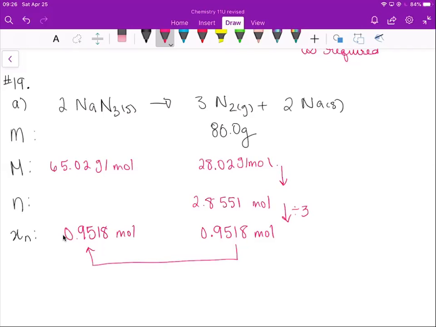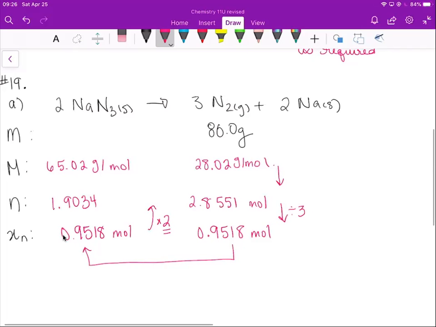So for here, 0.9518, it's not useful to me for sodium azide because I have a coefficient of 2, so I multiply it by 2. So now this number is finally important. This number is finally real, 1.9034 mole.